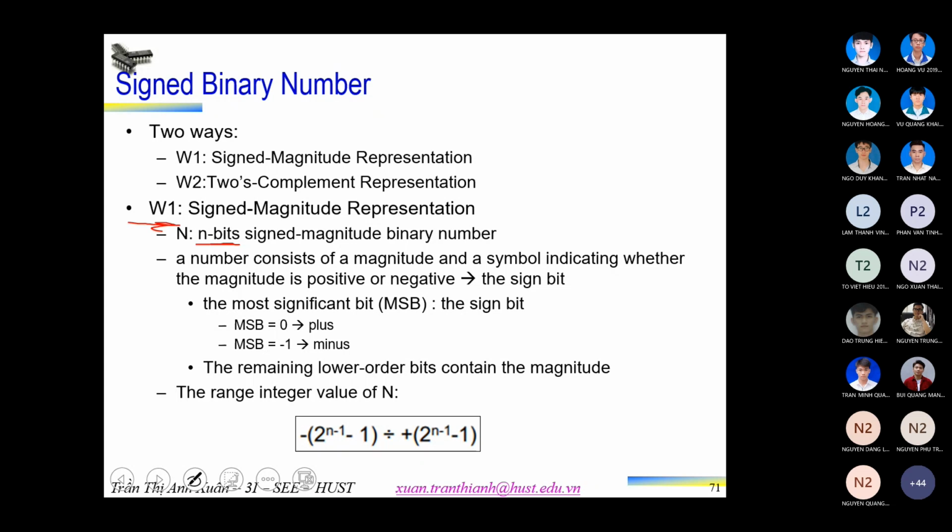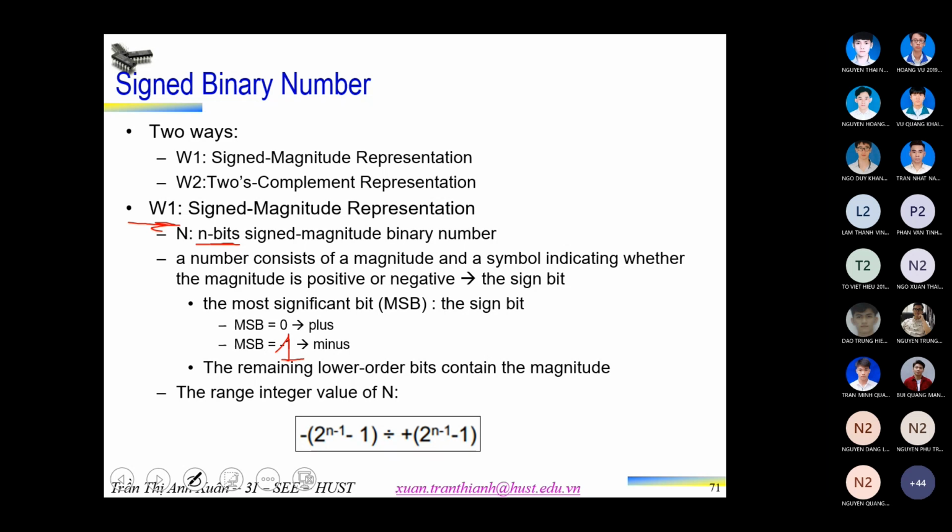In detail, if the MSB is equal to 0, we express a positive value. If the MSB is equal to 1, that means it expresses a negative number.